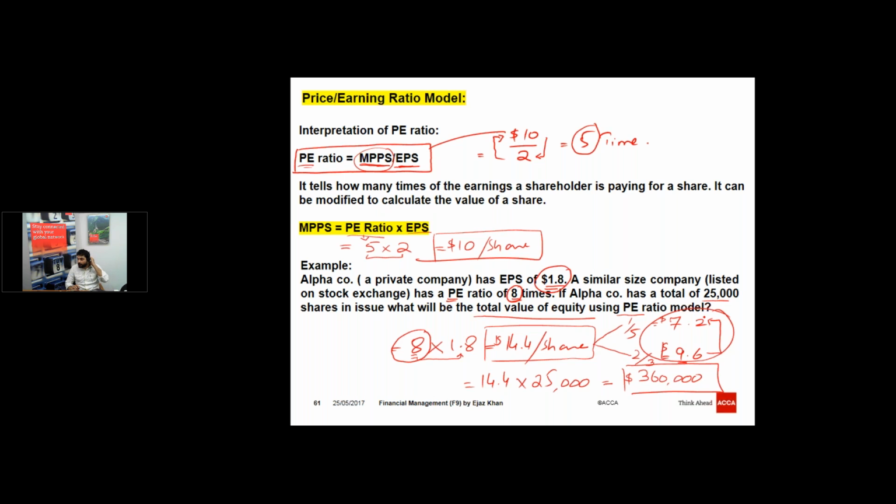In a descriptive question, you can state your assumption that why have you taken half or why have you taken 2/3 of the value. But for an MCQ, you can't state your assumption, so you have to be very much exact in calculating your value. So if the question is silent, you have to write $14.4 per share and 3,60,000 for the total. It will be in between 7.2 and 9.6, depends on other factors as well.